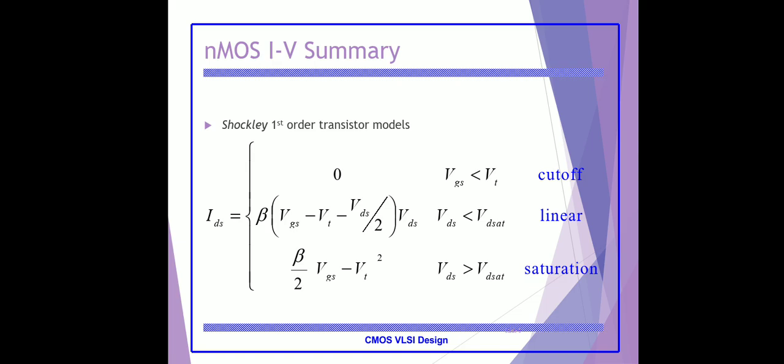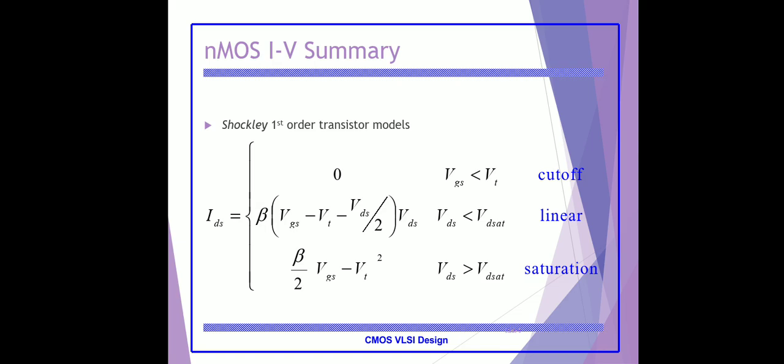As I said, here we have three modes of operation: cutoff region, linear region, and saturation region. In the cutoff region, VGS is less than the threshold value, and we say ID is equal to 0. In the triode mode, VGS is greater than the threshold value and VDS is less than VGS minus the threshold value.